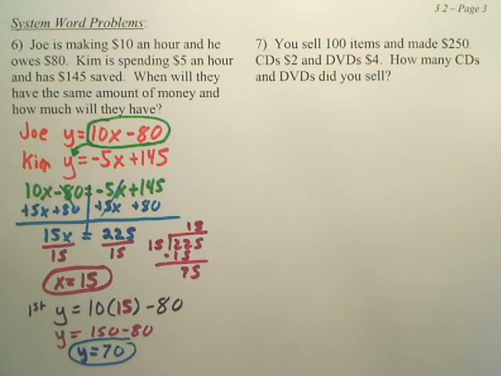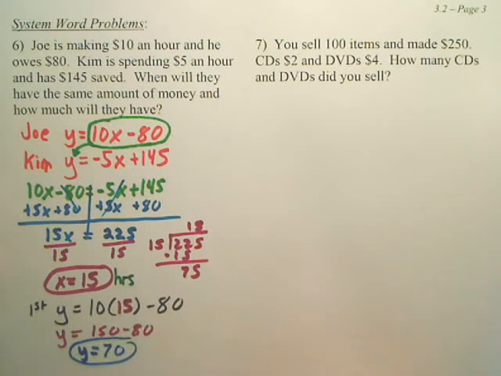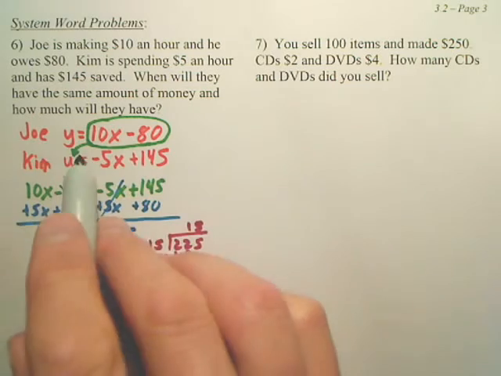In 15 hours, they will both have $70. Okay with that? In 15 hours, they both have 70 bucks. In this scenario. It's not the best scenario, but it's an example. This we use substitution.